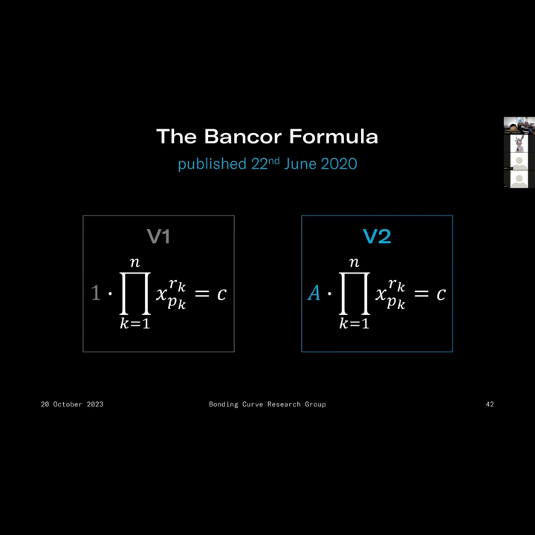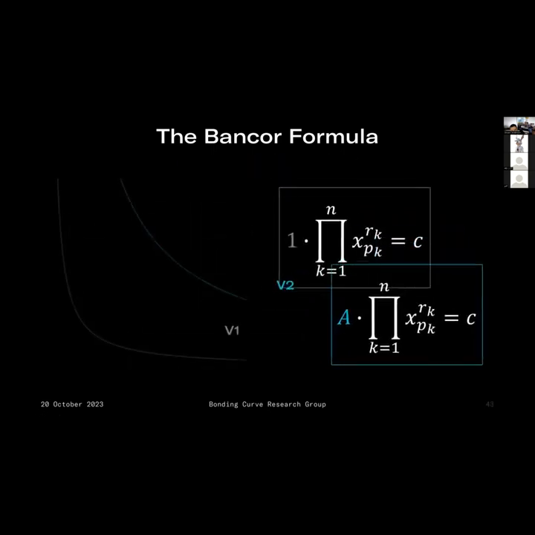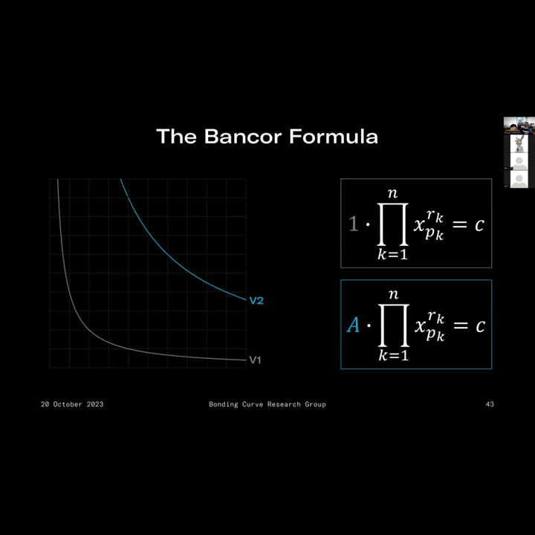So this is the key, right? In Bancor V1, there's essentially a 1 out the front here in terms of the invariant function. Whereas in Bancor V2, rather than forcing this to be 1, you can make this any number, any real number. And that means that you are essentially virtualizing a different liquidity pool.